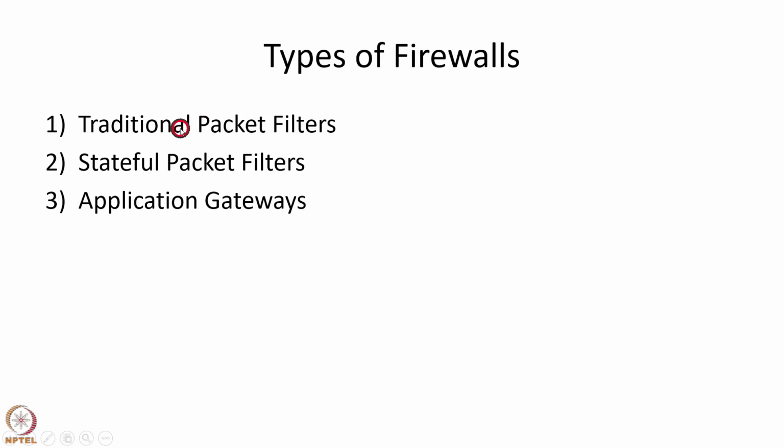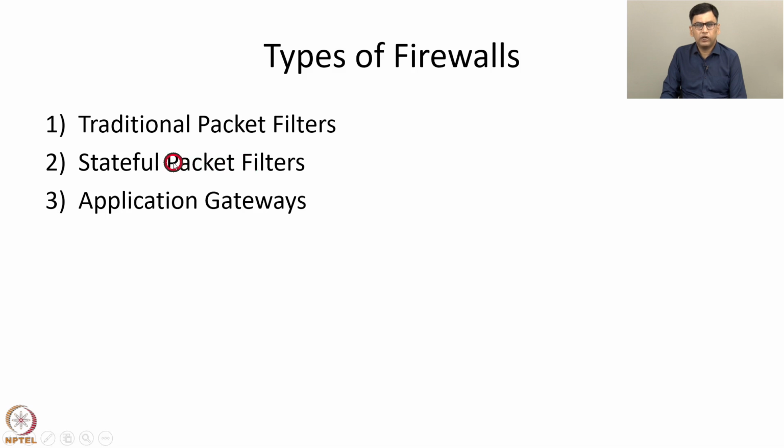So the different types of firewalls are traditional packet filters, stateful packet filters, and application gateways. Traditional packet filters examine each packet in isolation and take decisions of whether to pass or block the packet without any state information. Stateful packet filters keep track of which TCP connections are active between a host inside the organization's network and outside the network.